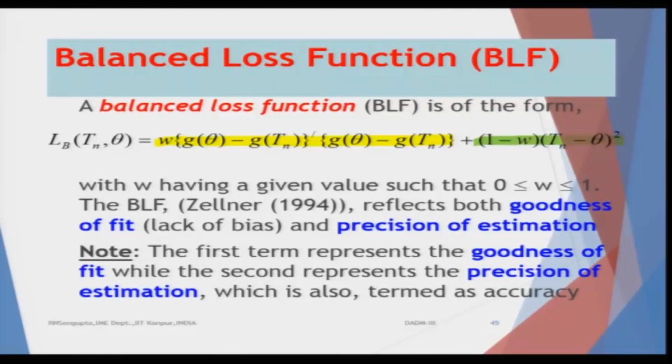In case W is 0, the overall loss would be subsumed under the estimation error. So, with W having a given value between 0 and 1, Zellner found this concept of loss, where it can be split into two parts.